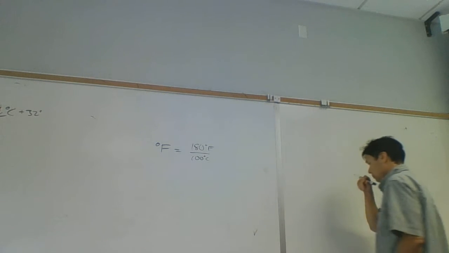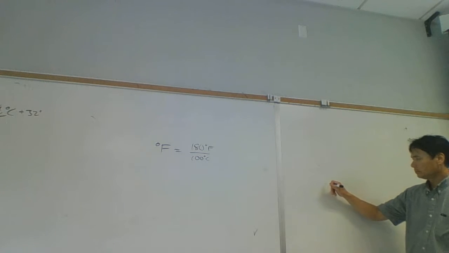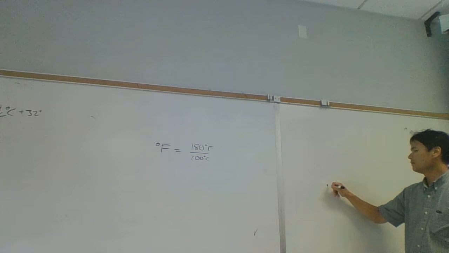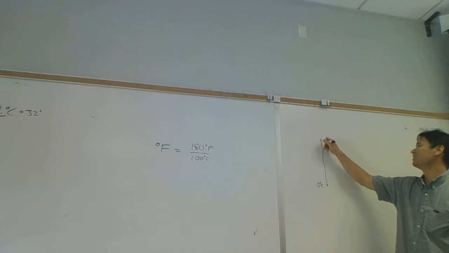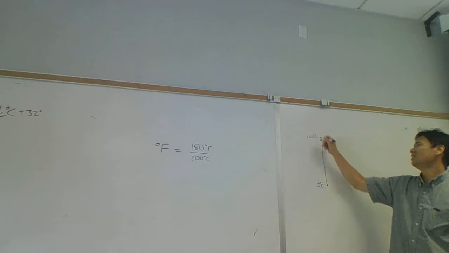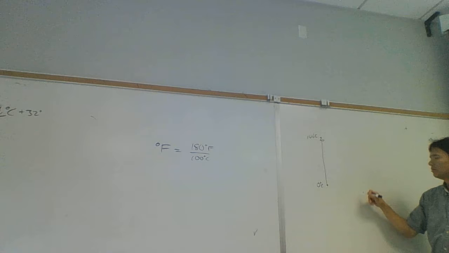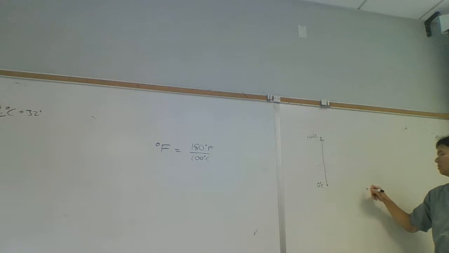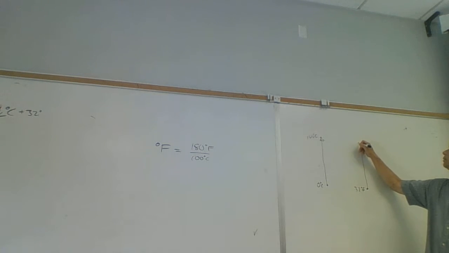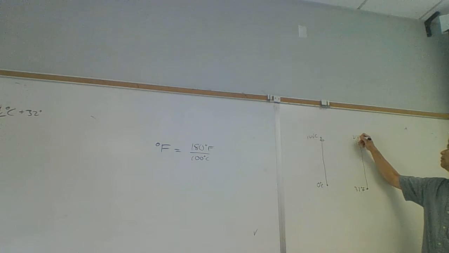And so what we see here is something like this. If I start off at 0 degrees Celsius and go up 100 degrees here, then that would be equivalent to starting off at 32 degrees Fahrenheit and then going up to 212 degrees Fahrenheit.